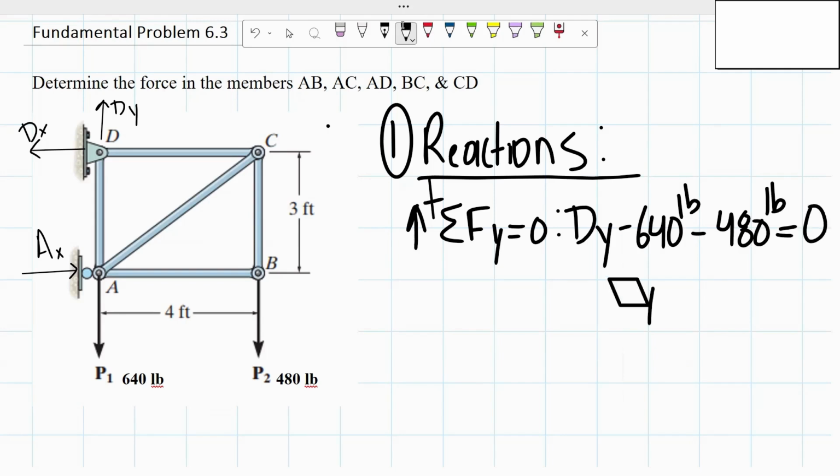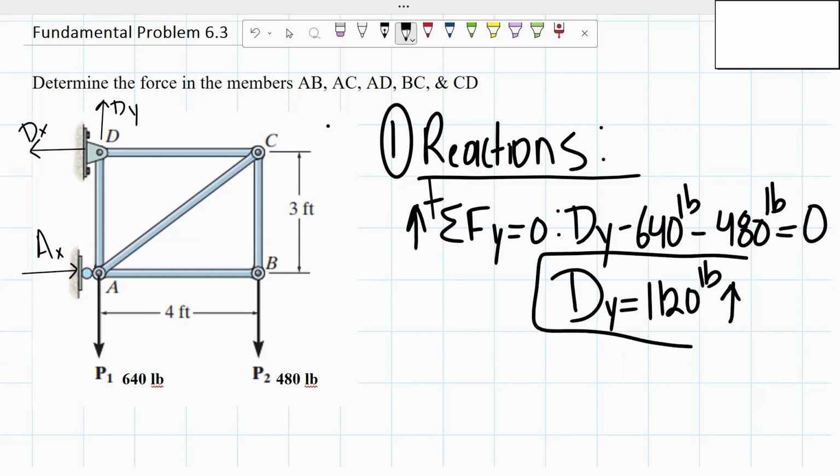We end up getting that D sub y equals 1,120 pounds. And since we got a positive number, that means we assumed correctly. So we do know that that reaction will be going upwards.